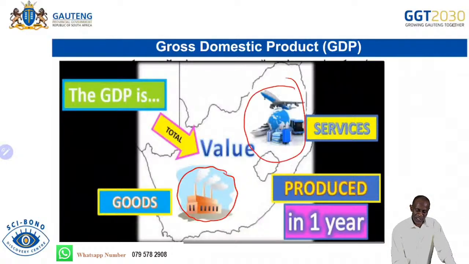So the GDP is the total value of goods produced in all industrial processes, and services, the value of goods and services that are produced in a country. Here is a map of South Africa on this illustration, and this has to be produced over a certain period of time. And to clearly define the GDP, it's over a period of 1 year, as the slide indicates.